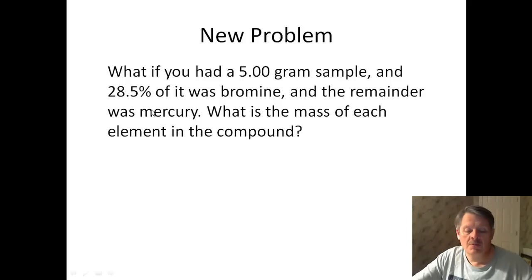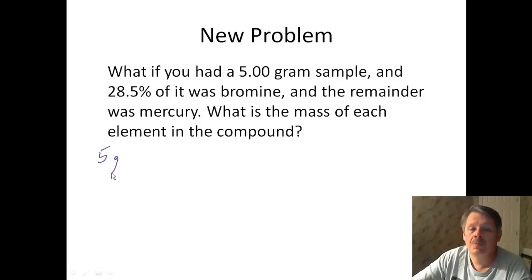So now we have a new problem. This problem says, what do you do if you have a 5-gram sample and 28.5% of it is bromine and the remainder is mercury? How do you figure out the mass of each element? Well, that should be pretty easy for you. All we're doing is doing everything in reverse. So let's say we start with a 5-gram sample, and we're multiplying by 28.5%.